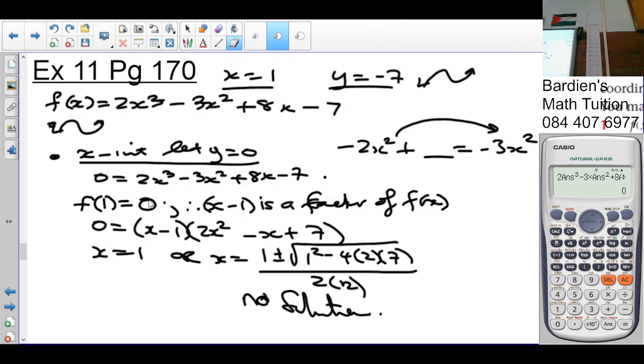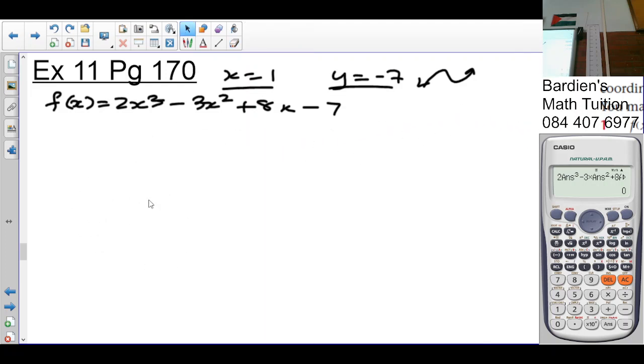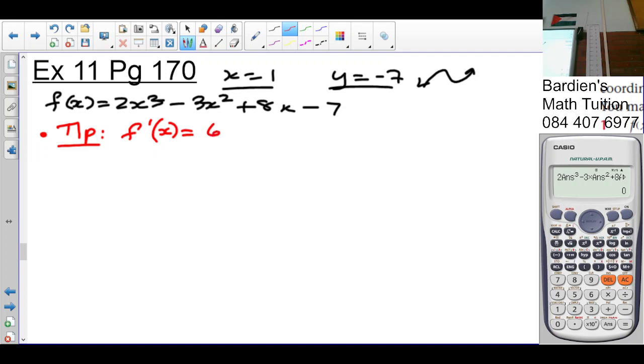So all this adds to our diagrams. Okay. And again, I'm just taking this away because I need space. The next step is the turning point. How do you calculate turning point? First derivative, not so? So f prime of x equals 6x squared minus 6x plus 8.